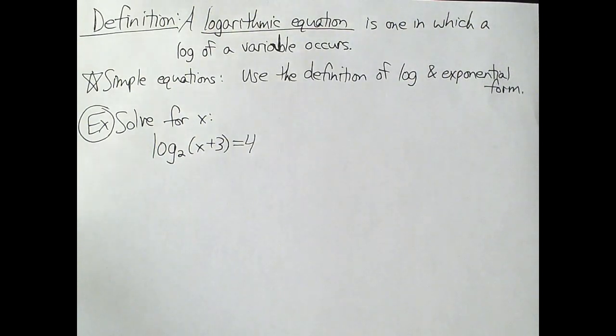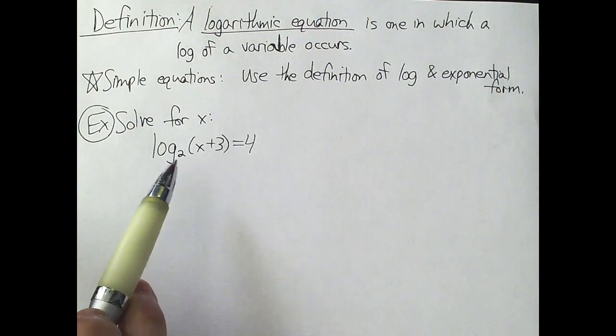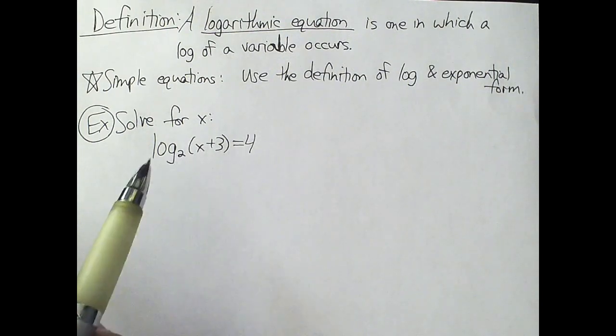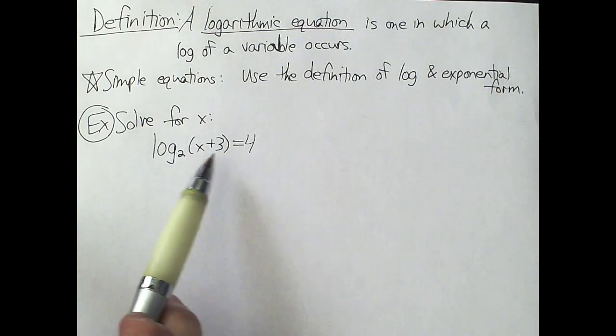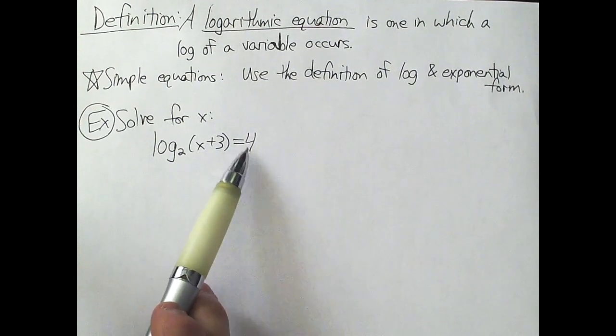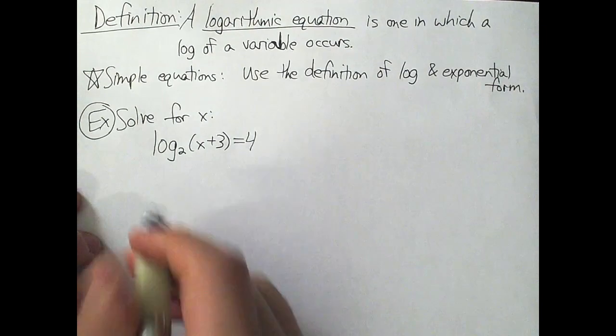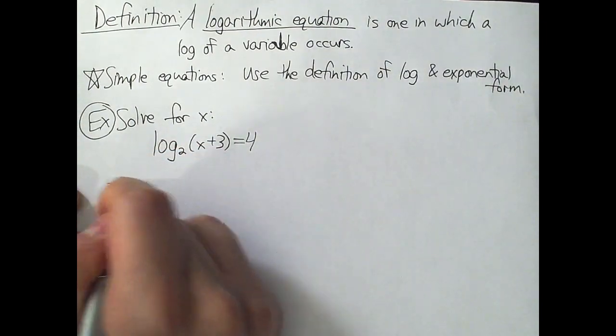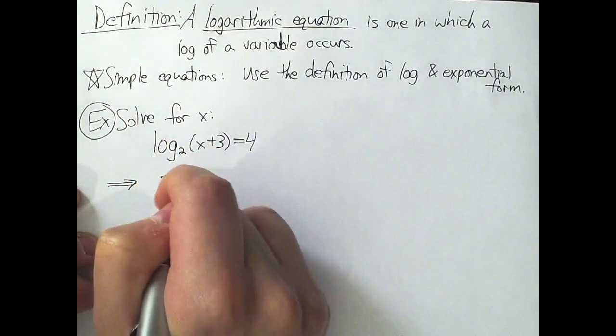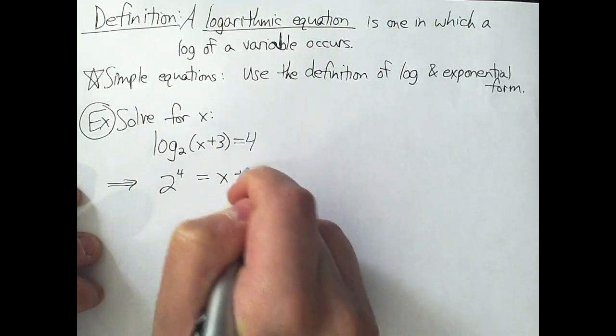If we were to try to rewrite this in terms of exponents, it would be 2 raised to some power, right? Because that's the base. So 2 raised to some power equals something. In fact, 2 raised to the 4 equals x plus 3. Let's write that. 2 raised to the 4 equals x plus 3.